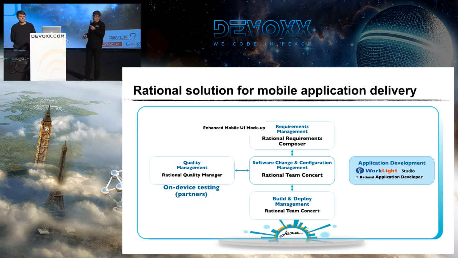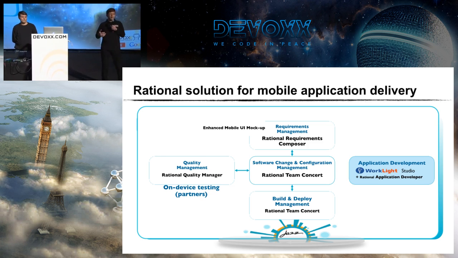Then from a viewpoint of build management, the Team Concert will also contain a number of build automation utilities, which we will see can allow you to integrate with the Worklight tools to automate the build and then look at the build results, follow what is happening with the build results, see the log files and all those kinds of things.